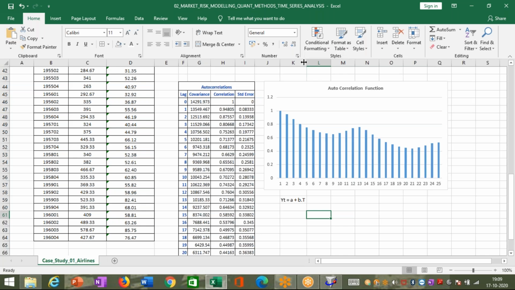Now the time is the date. What I'm trying to do is convert that date into a time point, a value, or the order of the time period that is there. So that is what I'm trying to do over here.